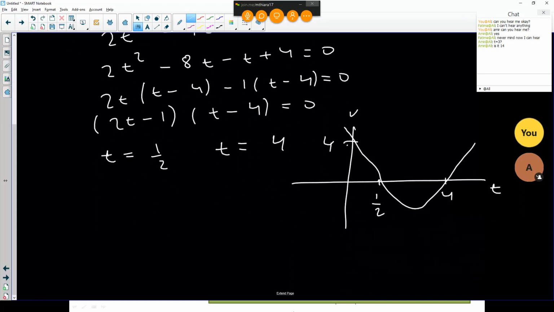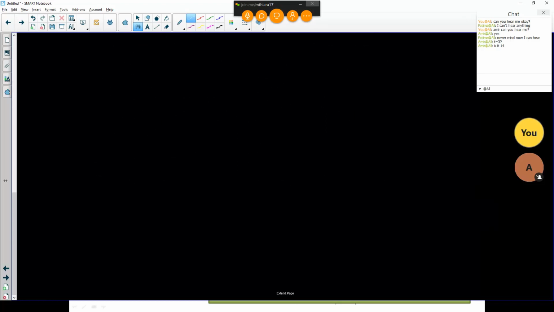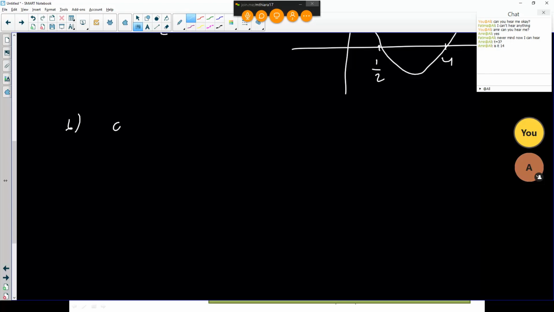So if I just go down and extend my page, for part B, we need to find acceleration equals question mark, when t equals 5. How are we going to get from the velocity graph to the acceleration graph here? How are we going to get from velocity to acceleration? Please answer in the chat box.